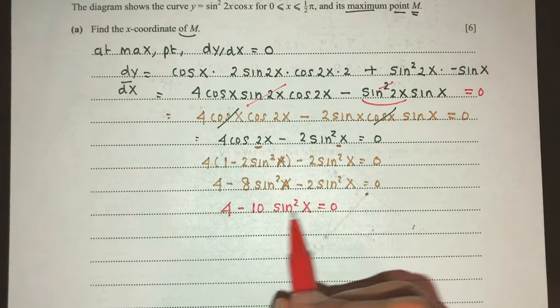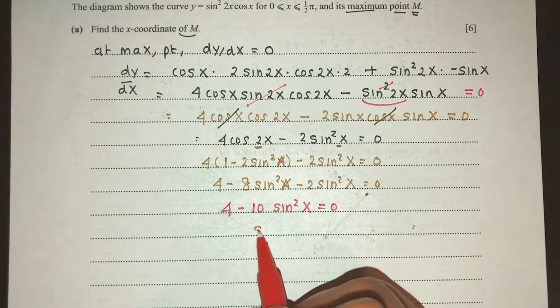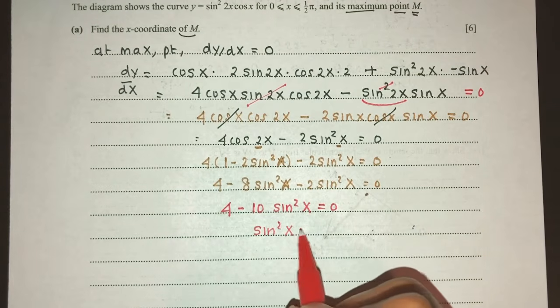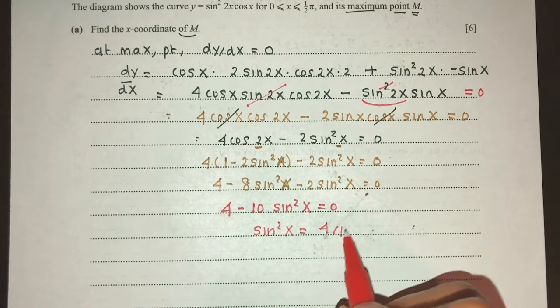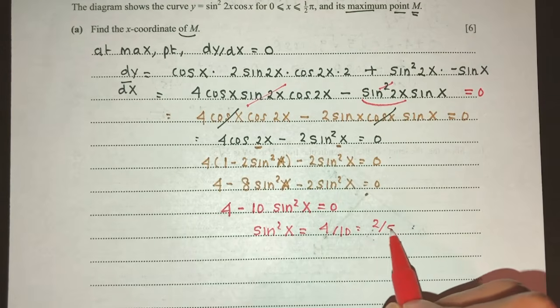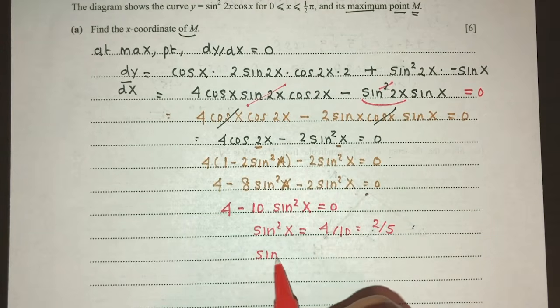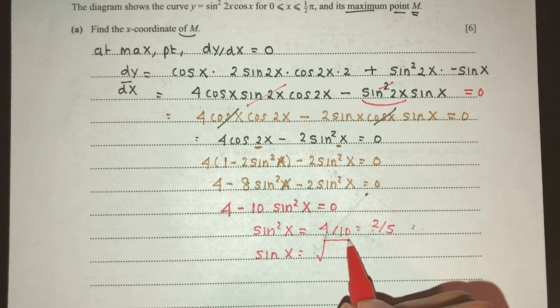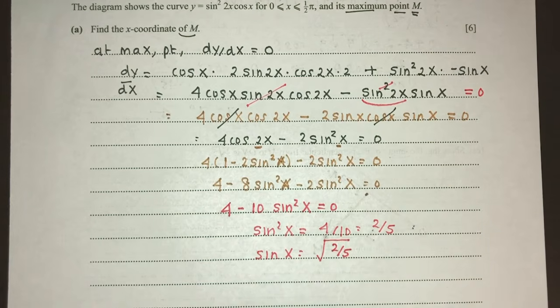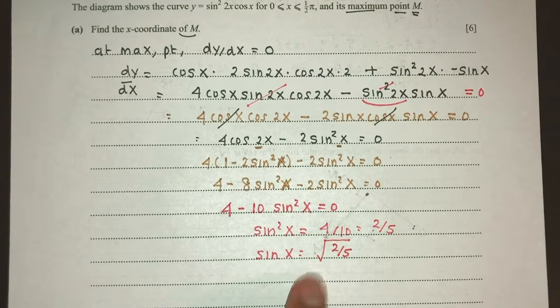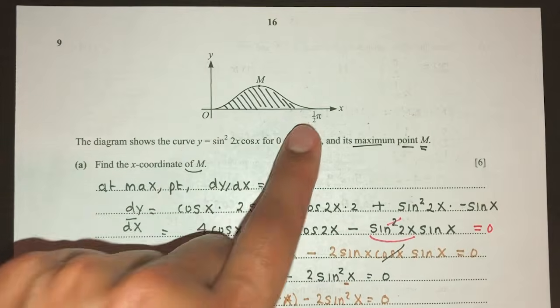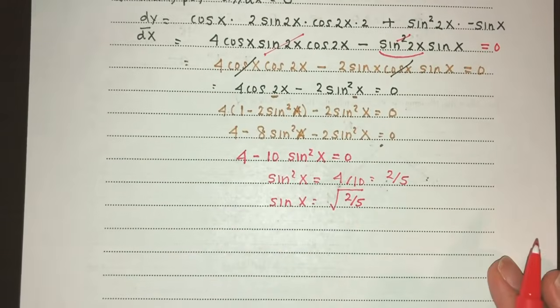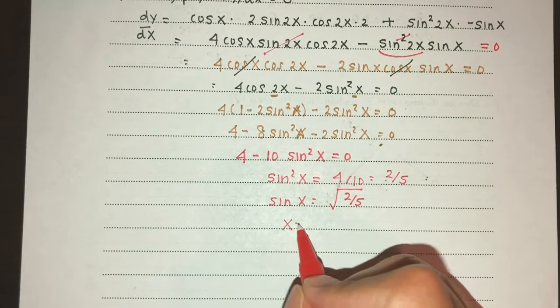Now we have to make sine square x the subject of the formula. So sine square x is equal to 4 divided by 10, which is 2 divided by 5. So sine x will be root of 2 divided by 5. We'll take the positive value because, as we can see, it is in your first quadrant. Now the value of x will be in terms of radians.